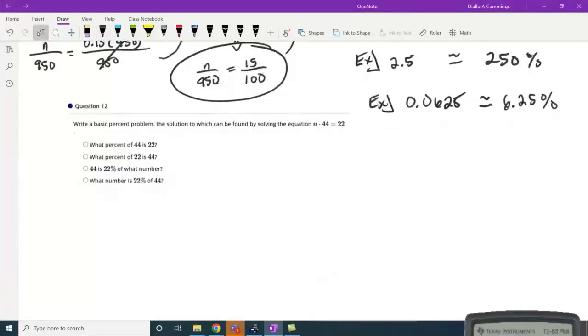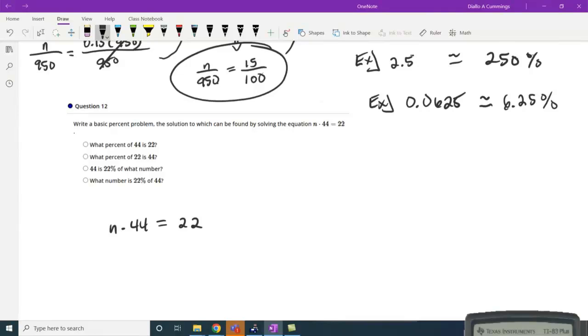Problems 11 and 12 don't have any video examples on them. Write a basic percent problem, which can be found by using the equation n times 44 is equal to 22. So n times 44 is equal to 22.